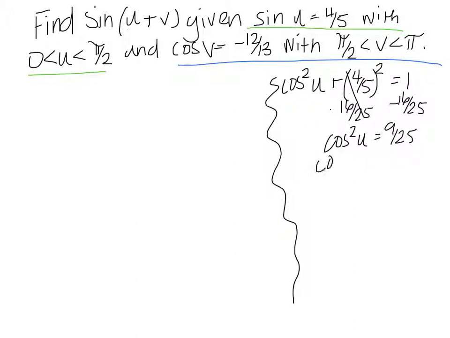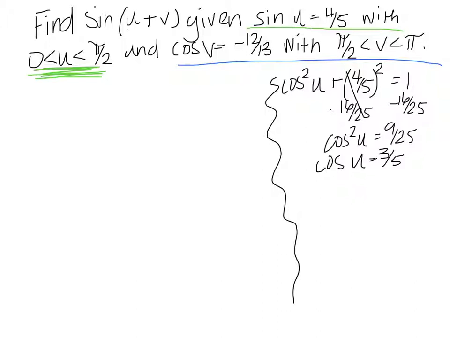What does that make the cosine? 3/5. Now, go back and check your quadrant. U is between 0 and pi over 2. What does that tell us? First quadrant, so is the cosine positive or negative? Positive.